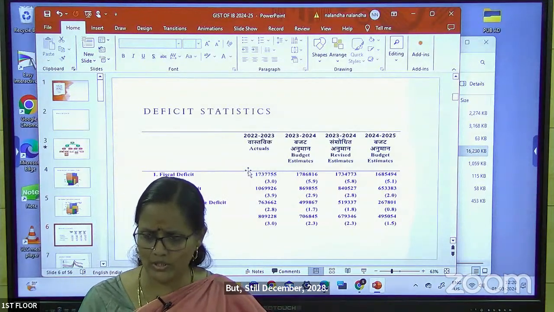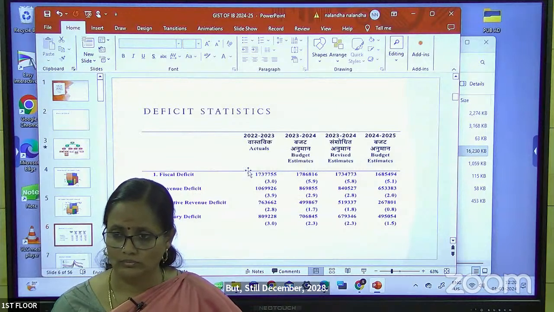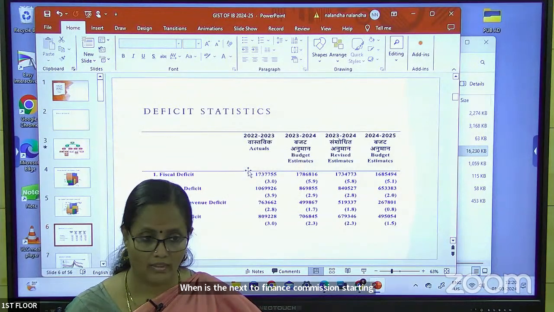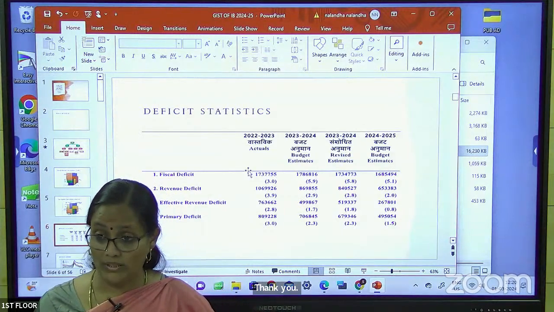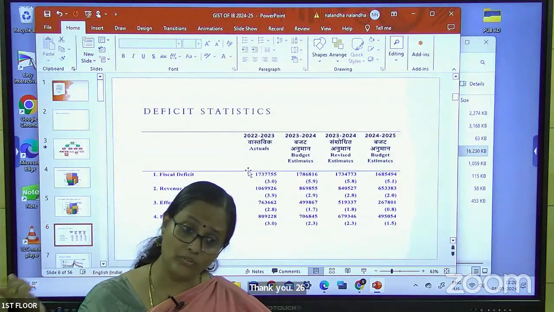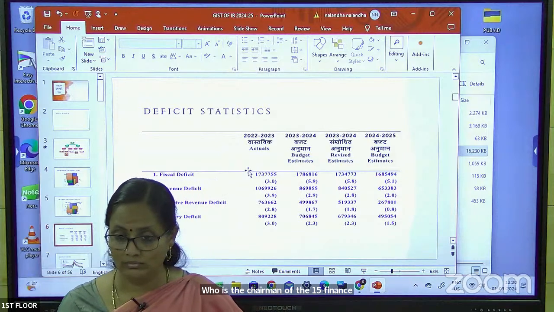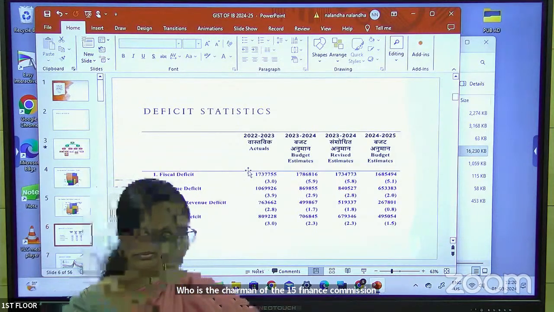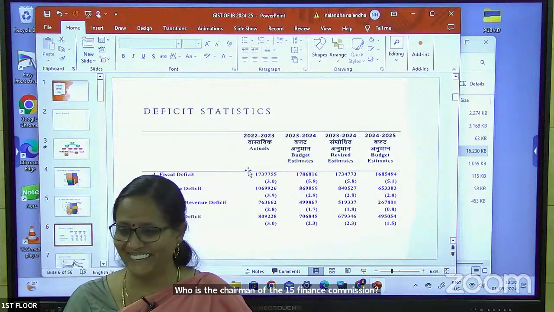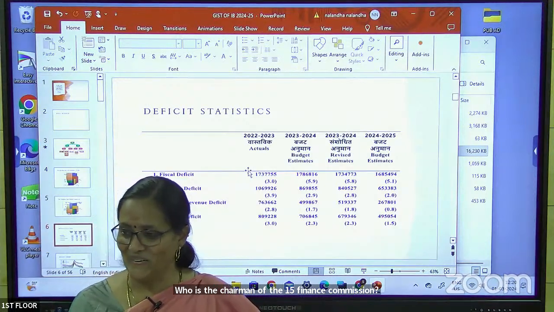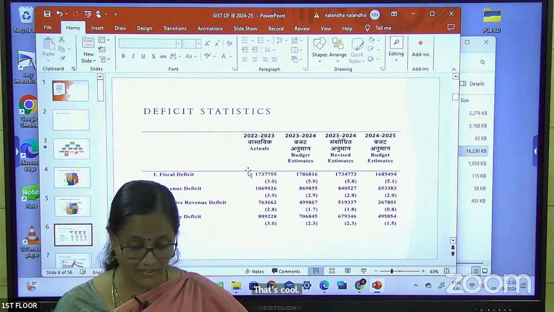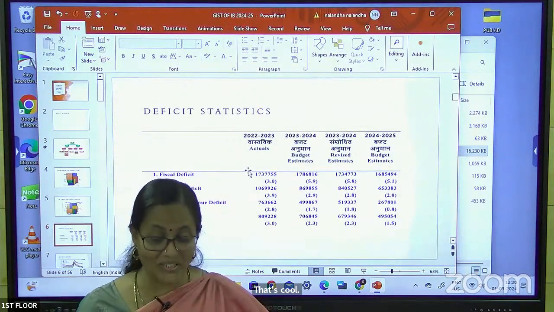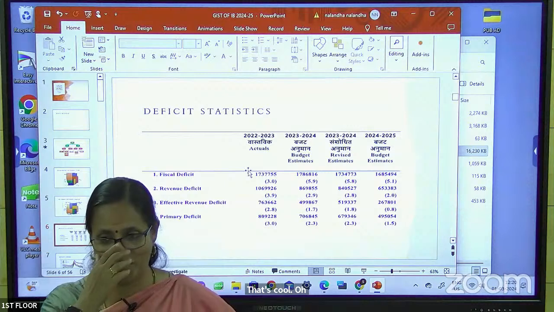When is the next Finance Commission starting? 2026. Who is the chairman of the 15th Finance Commission? Singh. Okay. Who is the chairman of the 16th Finance Commission?